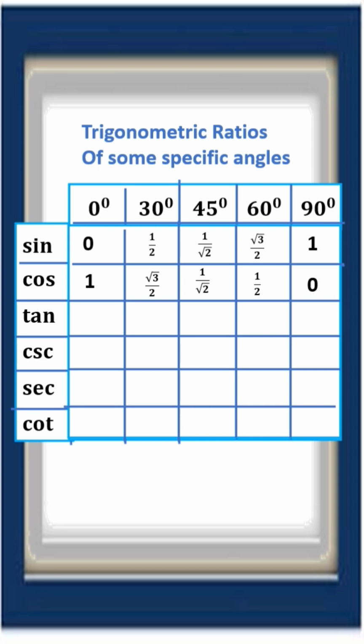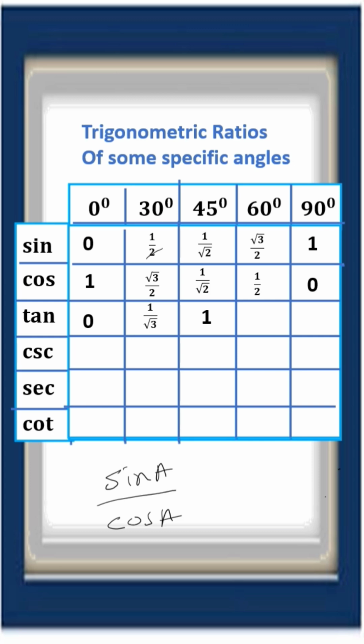Now how can you find the tan ratio? You know that tan A is equal to sin A by cos A. So the number in this row divided by this row. 0 by 1, what is it? 0. 1 by 2 divided by root 3 by 2, here 2 and 2 get cancelled, so the answer is 1 by root 3. 1 by root 2 divided by 1 by root 2 is 1.